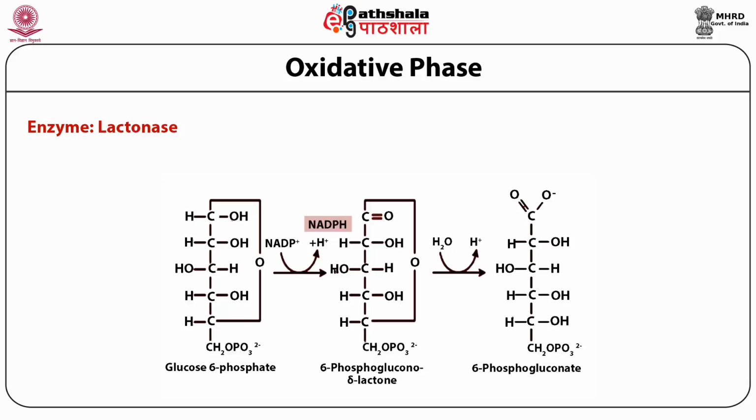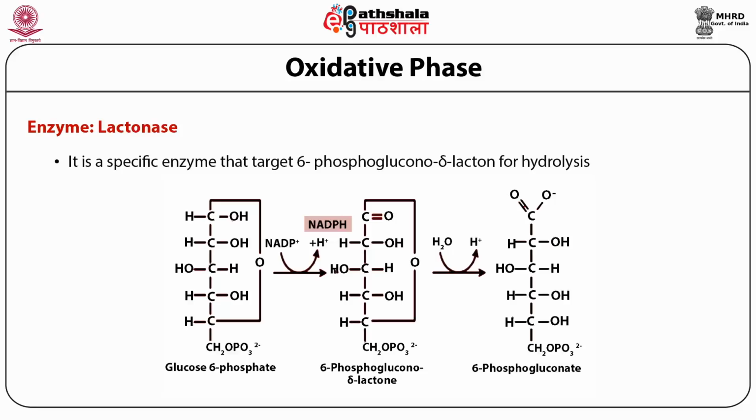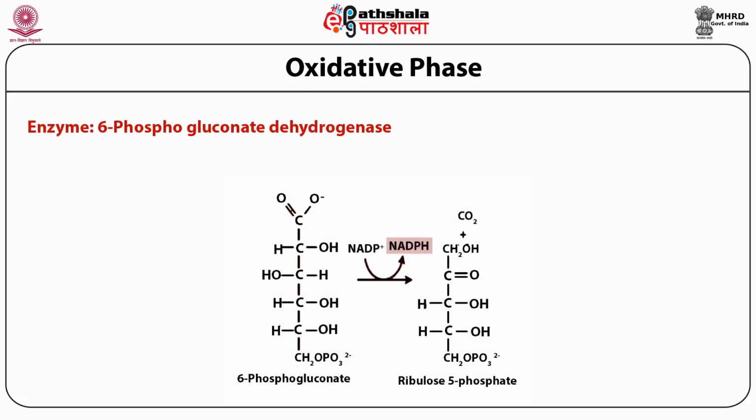In this case, since the lactone is intramolecular, 6-phosphogluconolactone is opened up to the acid form, gluconate. This type of hydrolysis reaction is favorable. The following reaction shows the action of the enzyme 6-phosphogluconate dehydrogenase.